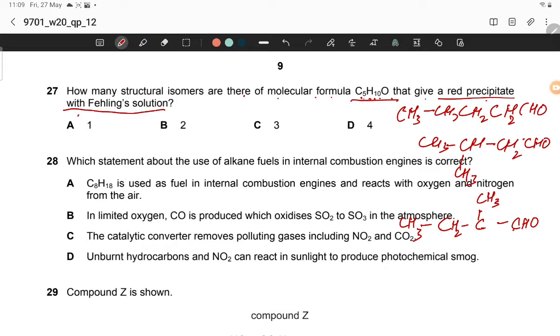So this is for CHO, CH3, CH3, and CH3. 1, 2, 3, and 4. So 4 isomers are there.